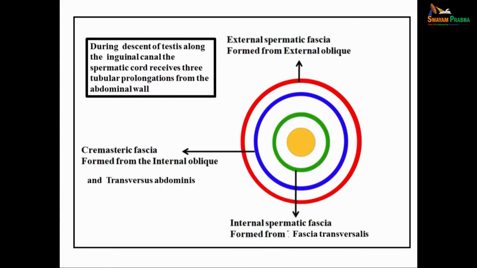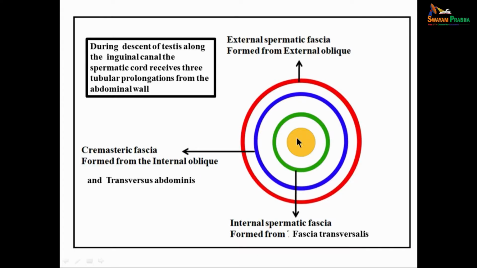Now, as I told you, the testis develops intra-abdominally. During descent of the testis along the inguinal canal, the spermatic cord also comes down. So, while it is coming down, it receives three tubular prolongations from the abdominal wall, and that we call the coverings of the spermatic cord. Now, you look at this picture here.